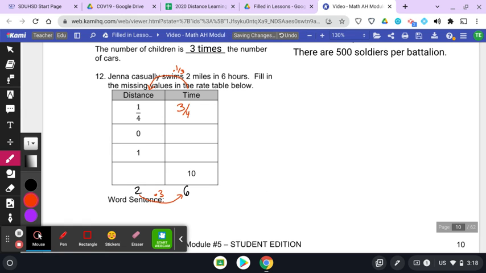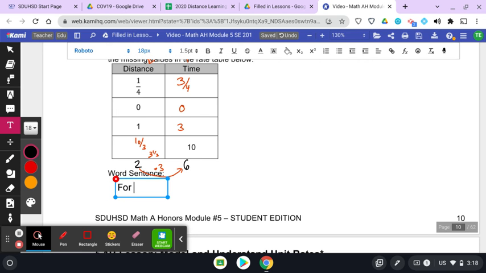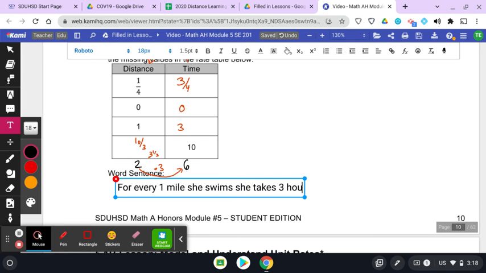0. If you went nowhere, it took you no time. Okay. 1 mile is going to take her 3 hours. 10 times a third, it's going to take her 10 thirds, or 3 1/3 miles in 10 hours. Okay, so you can say it either way. For every 1 mile she swims, she takes 3 hours.